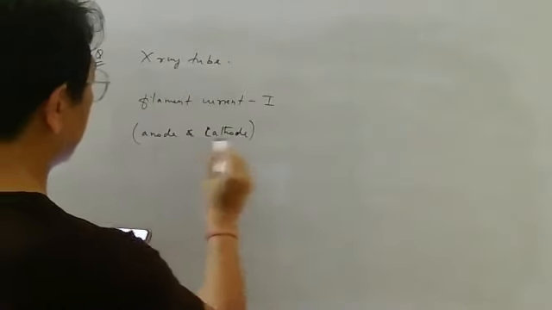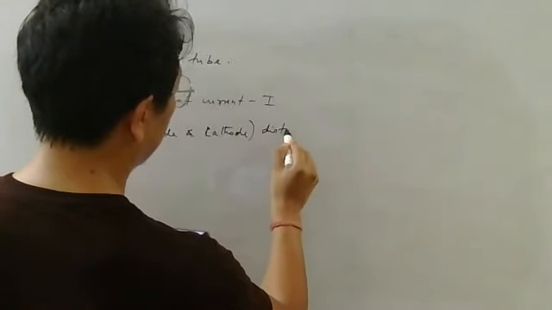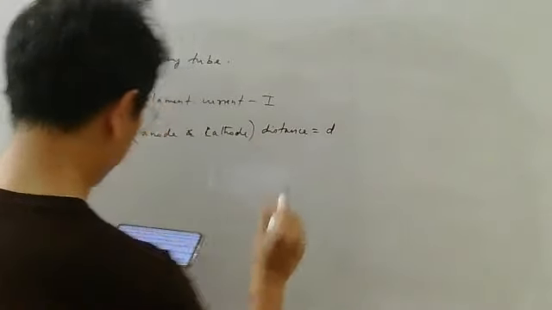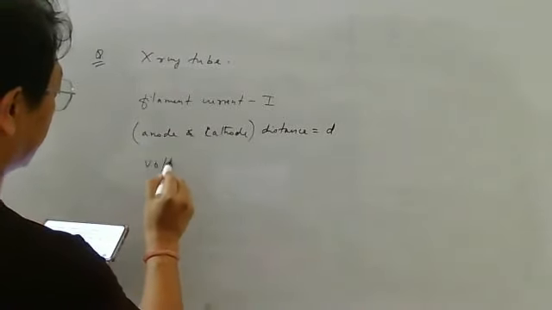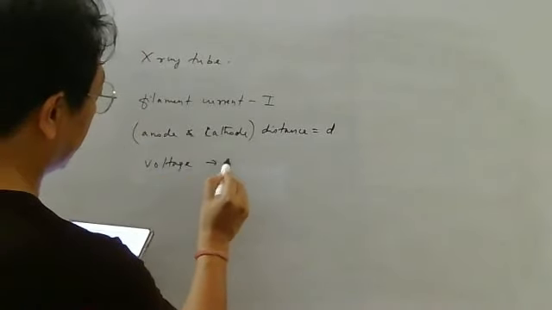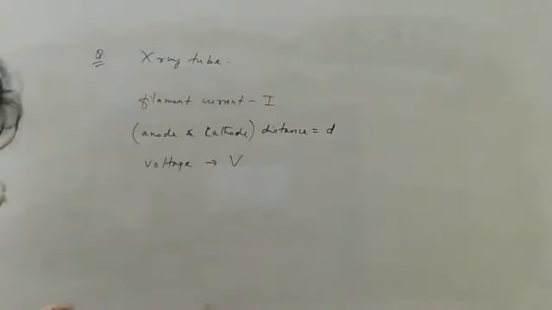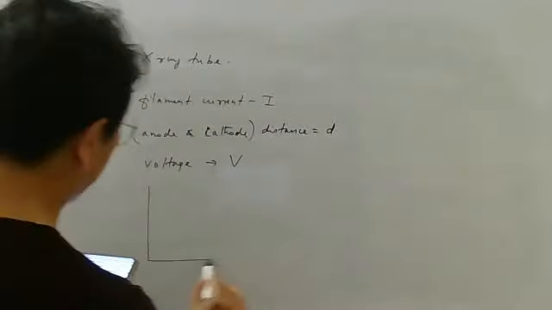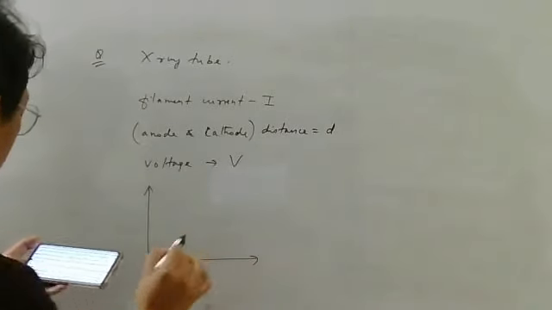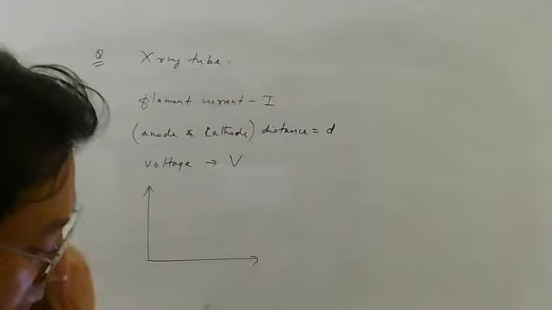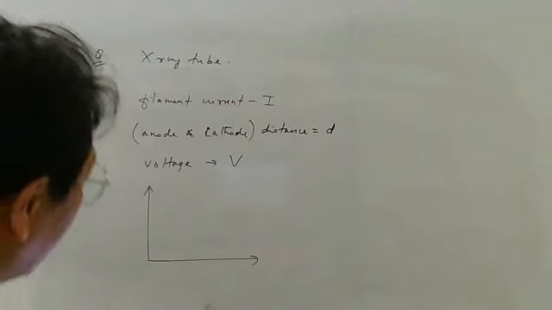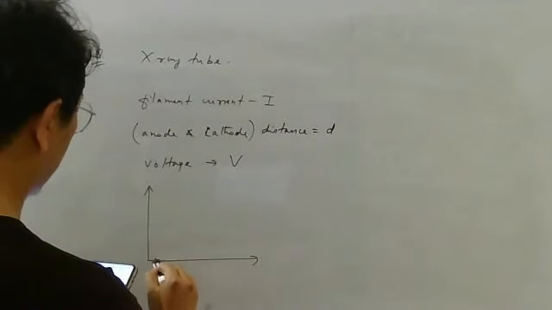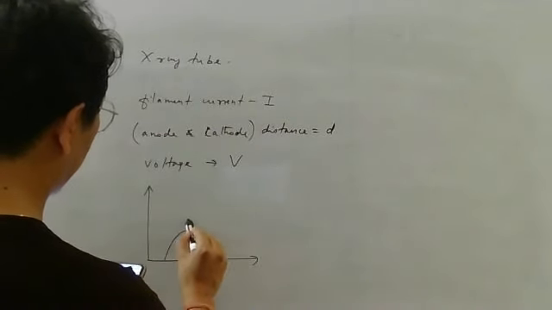This distance is given as D, and applied voltage is given as V. And they are getting some characteristic spectrum. They have not drawn the graph, but they told in the question they are getting continuous and characteristic X-rays, which looks something like this. You already know, right?